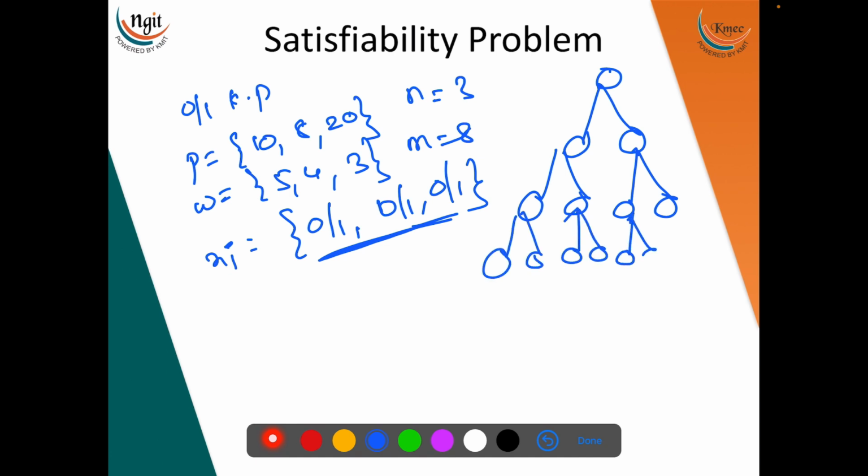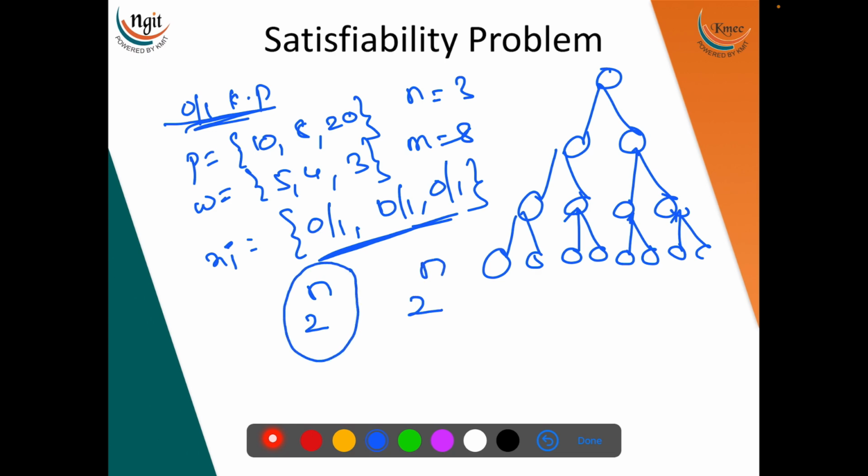So now the satisfiability problem is also the same as the 0/1 knapsack problem. That means both are related. The time complexity of the satisfiability problem is 2 power n. One of the non-deterministic algorithms, which is the 0/1 knapsack problem, also has complexity 2 power n. Now I am adding this satisfiability problem under the list of exponential time.